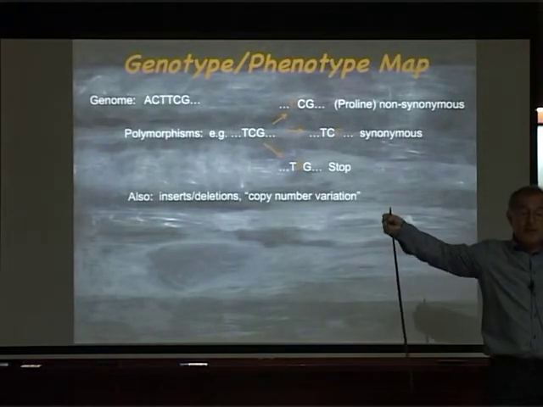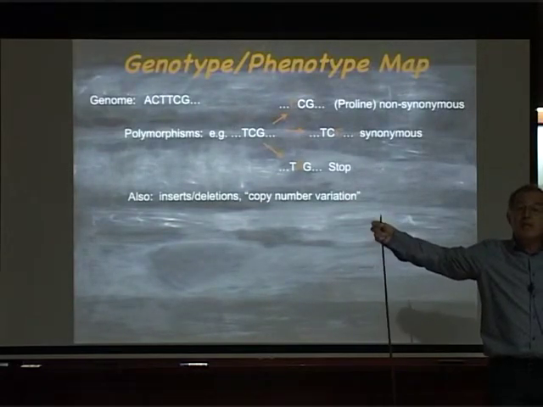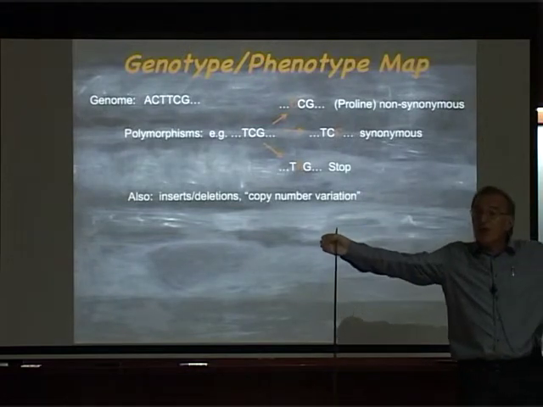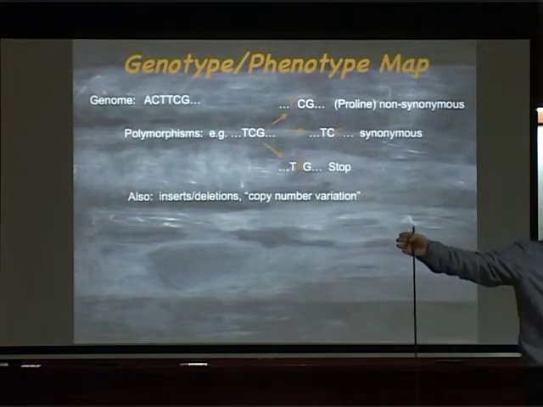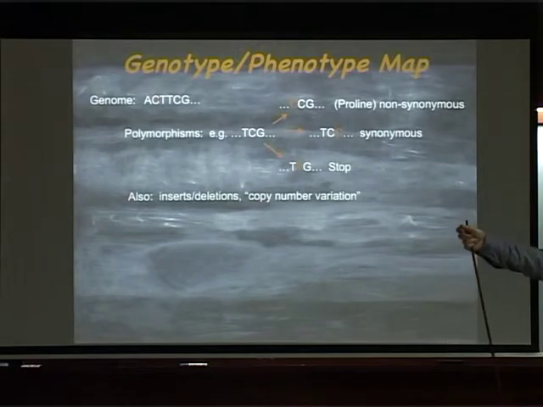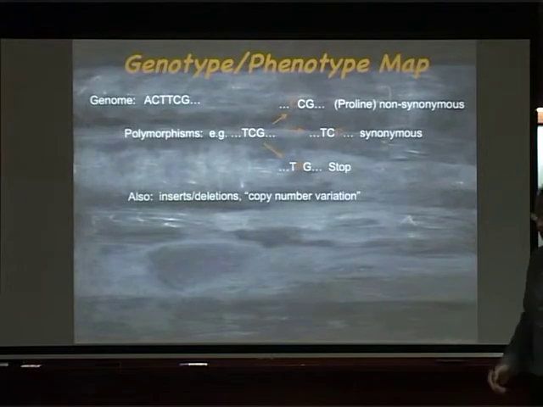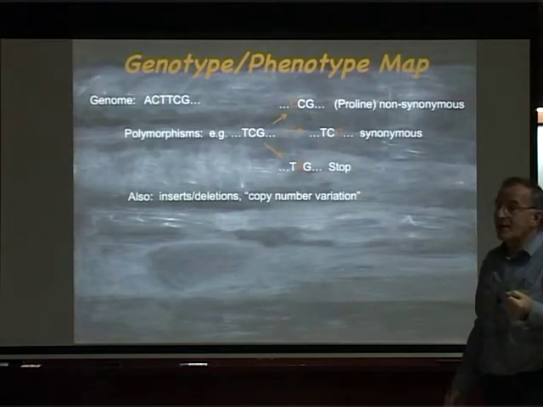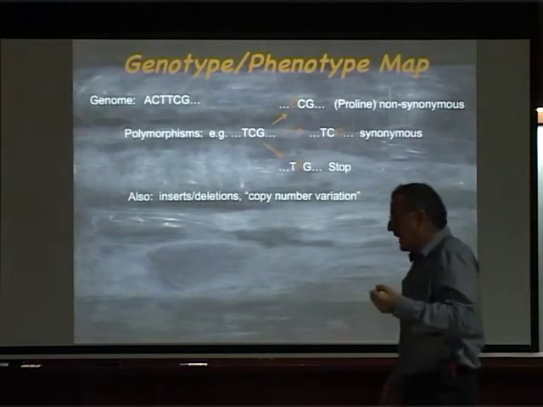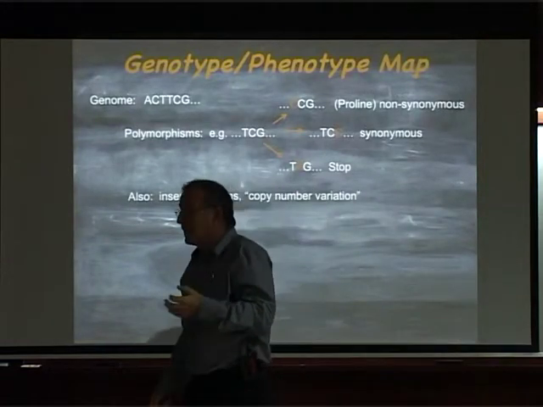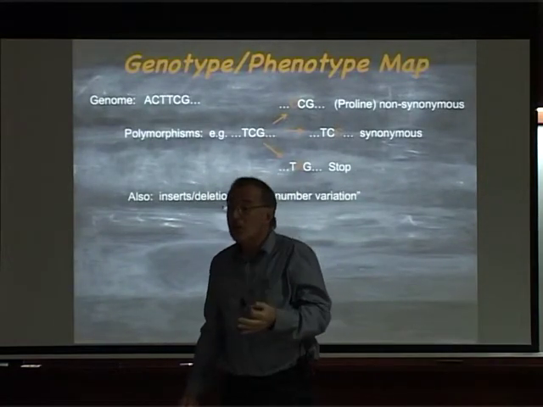If such an insertion or deletion involves a long stretch of DNA, the whole gene or multiple genes can be deleted or replicated. And one speaks of a copy number variation. And it actually turns out to be very important in cancer.